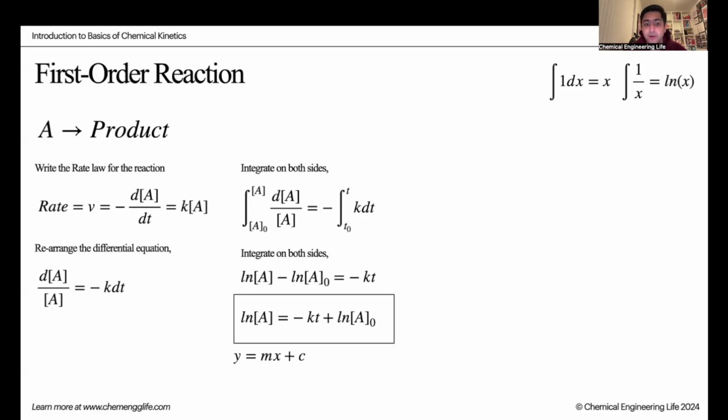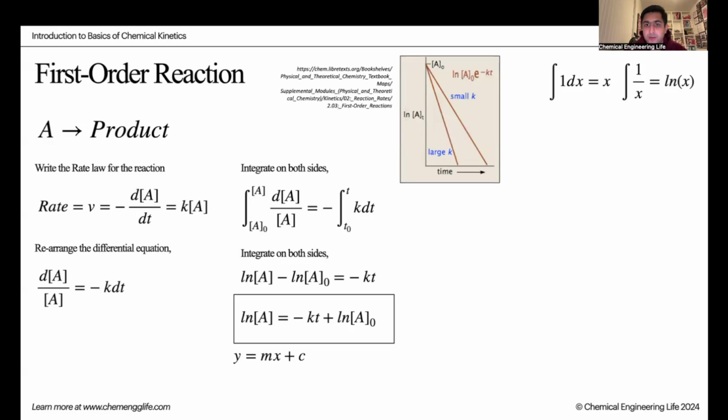And it looks very similar to the expression of a linear curve, that is y is equal to mx plus c. That would mean that negative k, that would be your slope, and the ln of the initial concentration of A would be your y-intercept.